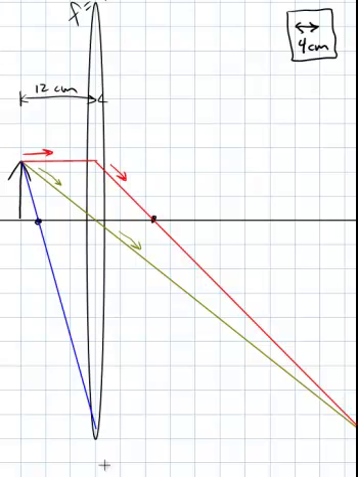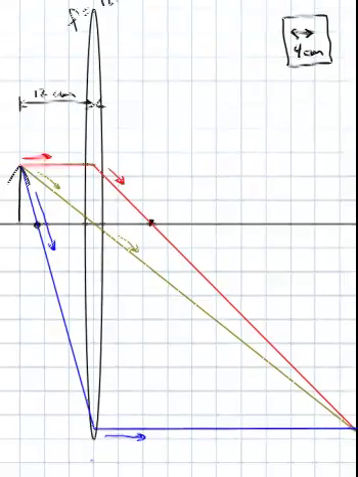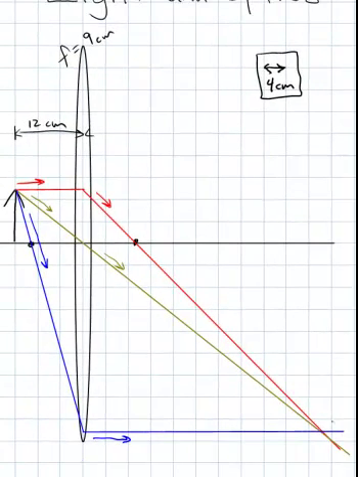And it comes out parallel. So the light comes in this way and it comes out parallel to the axis. And they all intersect roughly right here. That's not bad, actually.